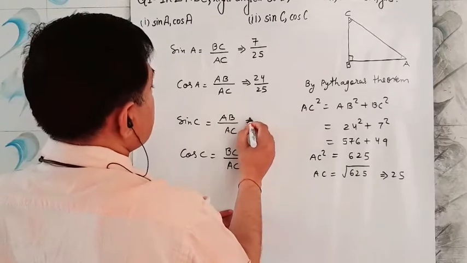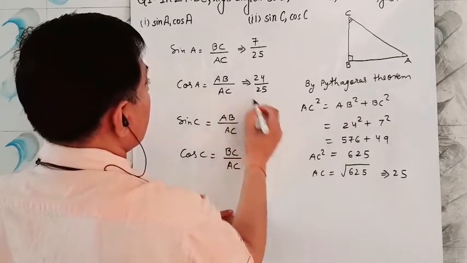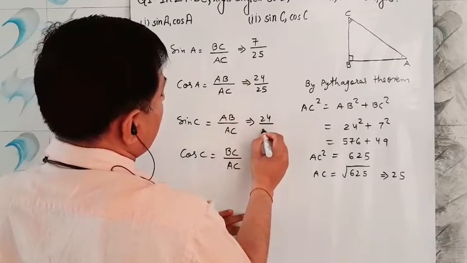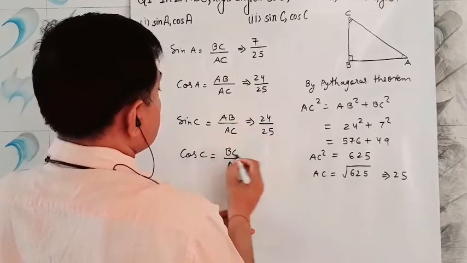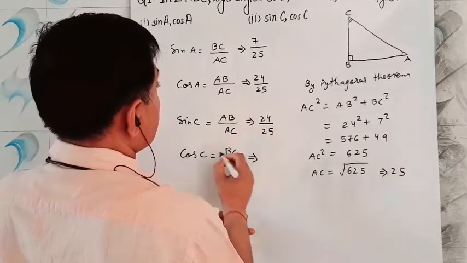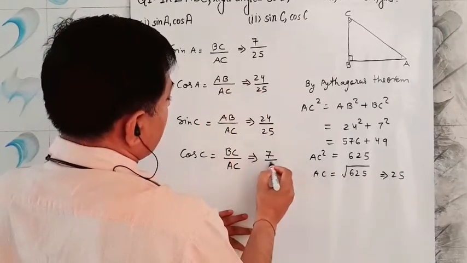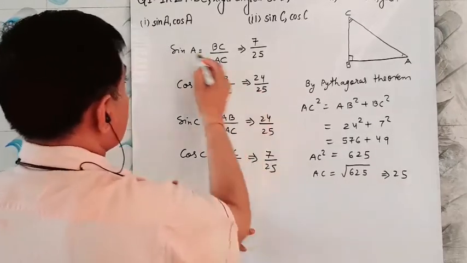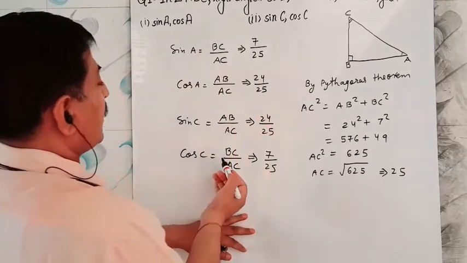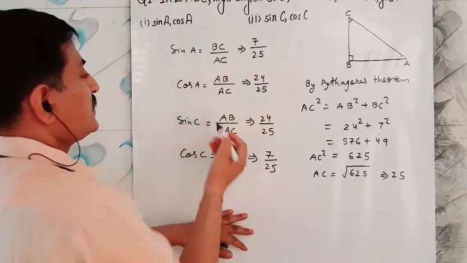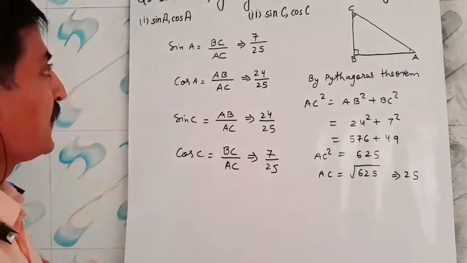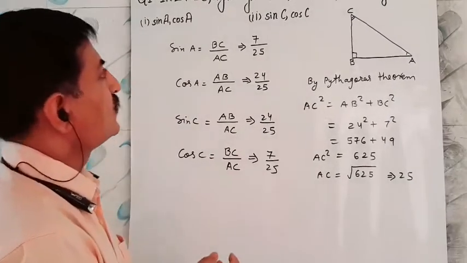Sin C is AB upon AC, which we already have solved, 24 upon 25, and cos C is BC upon AC, which is 7 upon 25. So in the question you will see that sin A and cos C both are equal, and cos A and sin C are equal. In this way we will solve question 1.